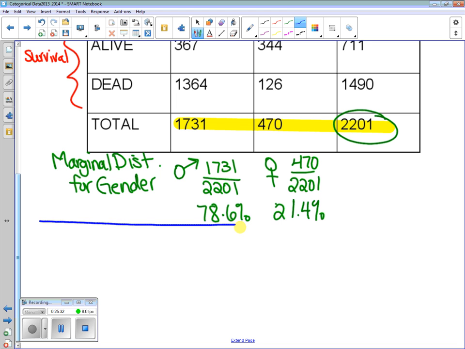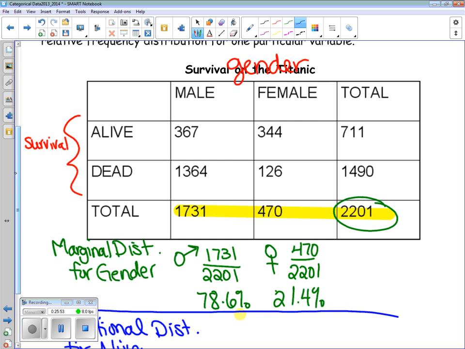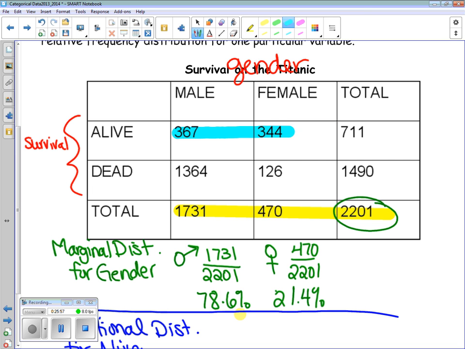So let's talk about the conditional distribution for the alive people. So in this case, I'm not going to worry about the margins so much. I'm talking about the alive people.